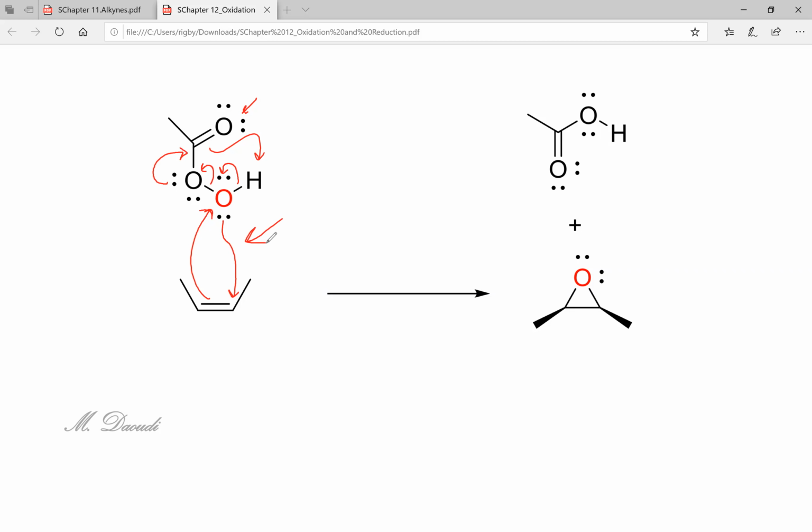And if you're having trouble visualizing how these arrows are supposed to go, the way that I used to do it, if I was confused, is I would count the number of electrons in each arrow. Each arrow has 2 electrons. So this one has 2 electrons, this one has 2, this one has 2. And we can see here that this oxygen is going to end up with 8 electrons: 2 in lone pairs and 2 in bonds. The two electron pairs that become bonds are this arrow and this arrow.